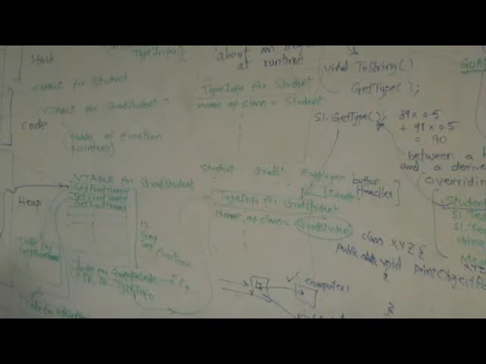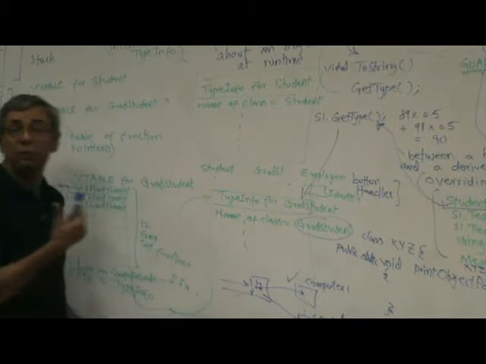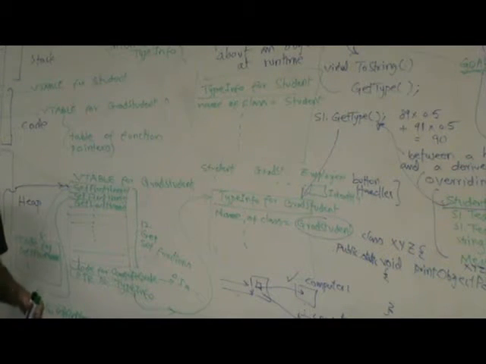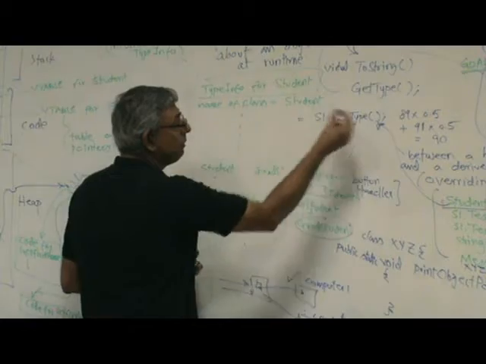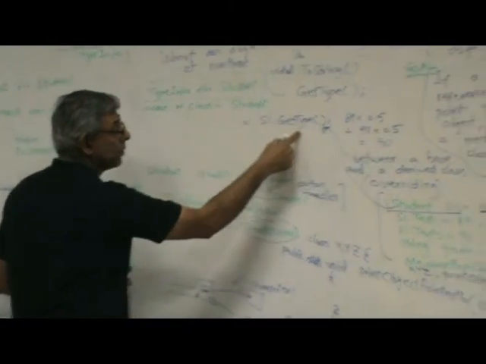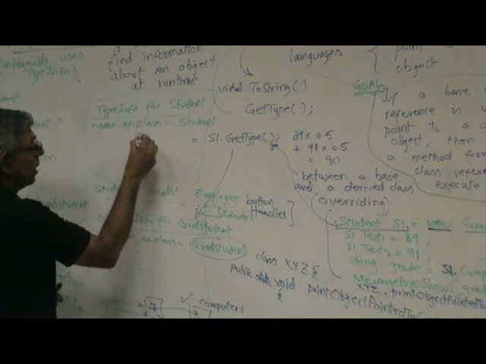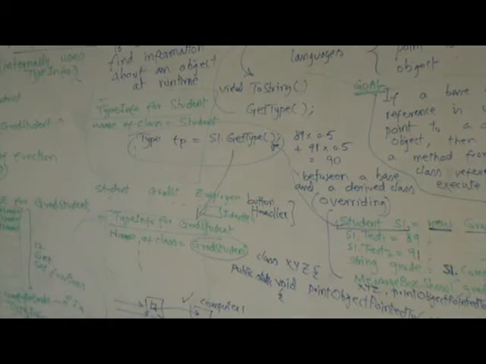Then you can further go and find any other information that you feel like, right? As I mentioned, there's tons of information over here, not just the name of the class: how many interfaces it has, how many methods it has, name of each method, parameter of each method, return type of each method. So the way reflection is implemented is that once you call s1.getType, all the pieces of information over here are further put in another class called Type, which is provided by the .NET library.